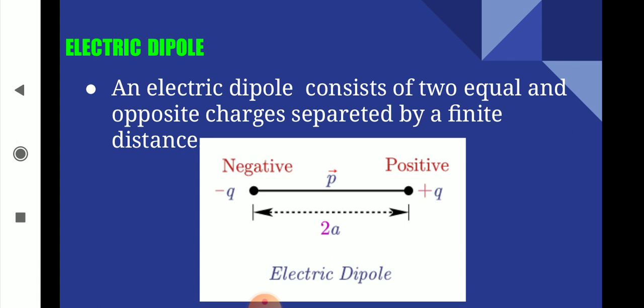I have shown this by this diagram. We are having two charges, minus Q and plus Q, and the direction of dipole moment is from minus Q to plus Q. If the distance between these two charges is 2a, then the dipole moment will be equal to Q into 2a.